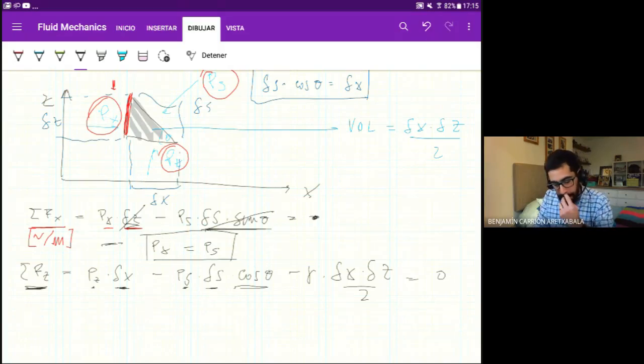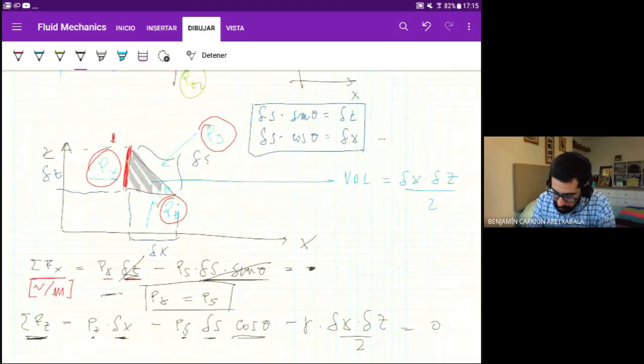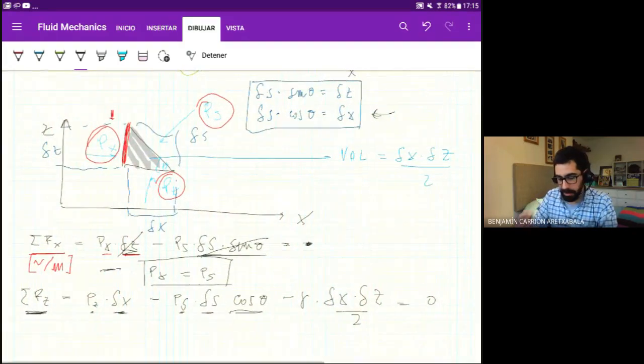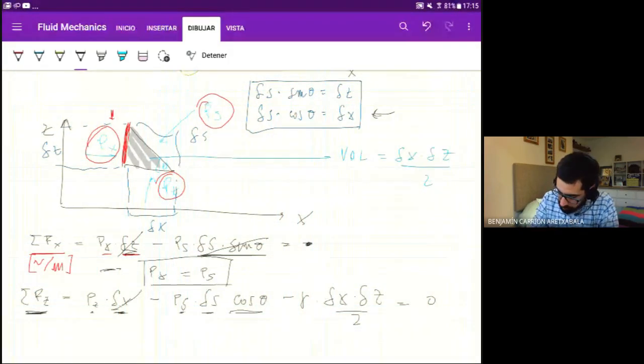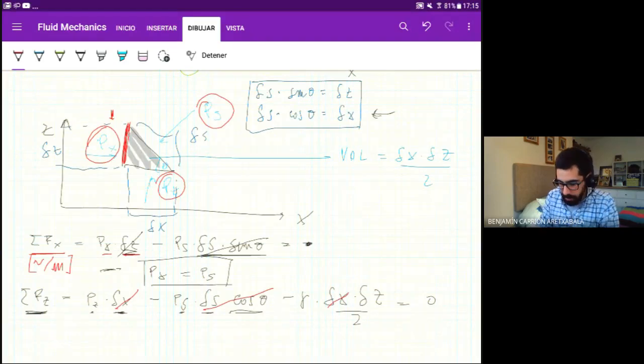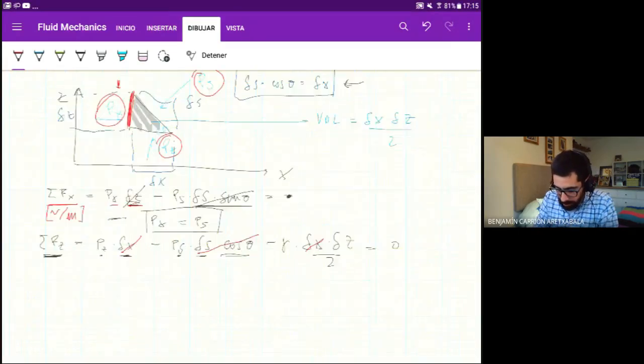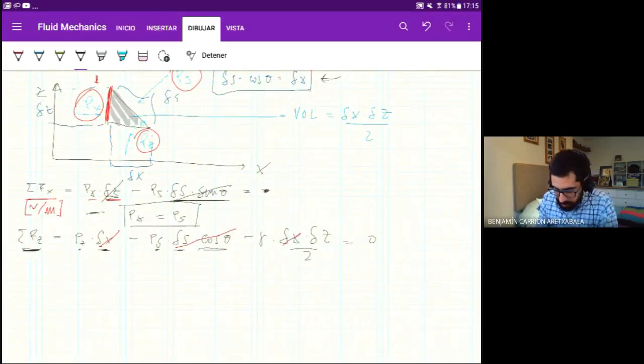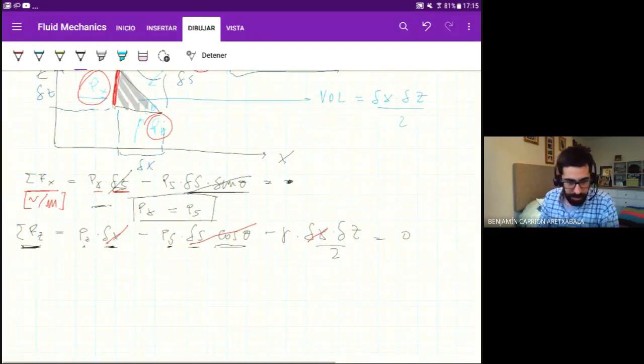Okay, so if we look at this little guy here, the other geometric relationship, delta x is just delta s times cosine. So delta x and delta s cosine all cancel out, and we end up with this equation, which is key.